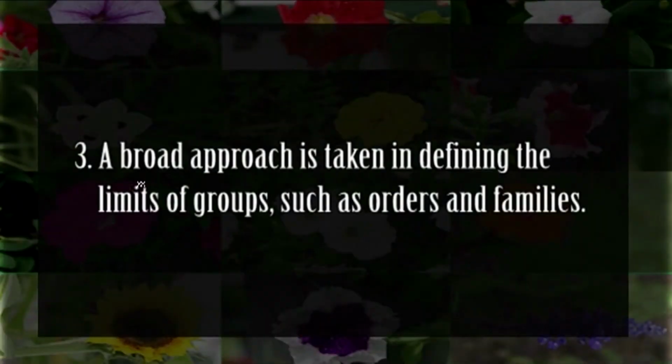The third principle is that a broad approach is taken in defining the limits of groups, such as the already mentioned orders and families. Therefore, a limited number of larger orders will be more useful. For example, in the latest version, the APG third version of classification, about 60 orders have been recognized.